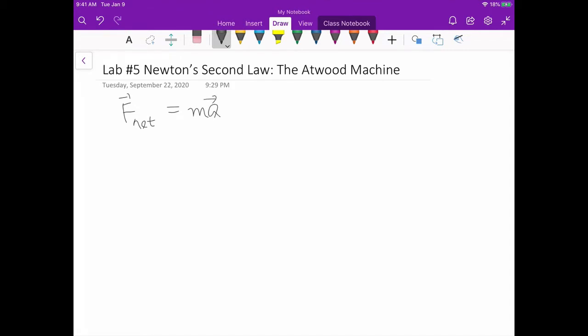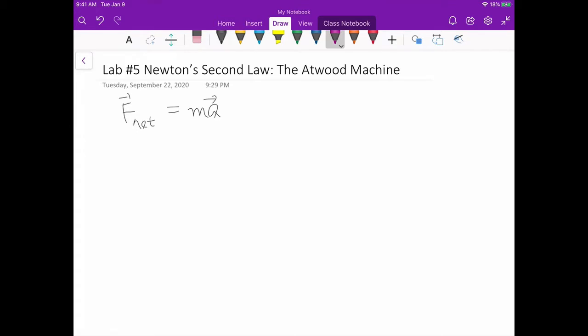So the net force acting on an object is directly proportional to the amount of acceleration that you get. Okay, so having said that, in today's experiment there will be an Atwood machine.